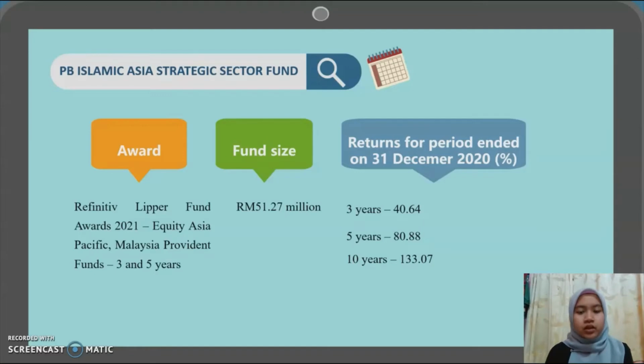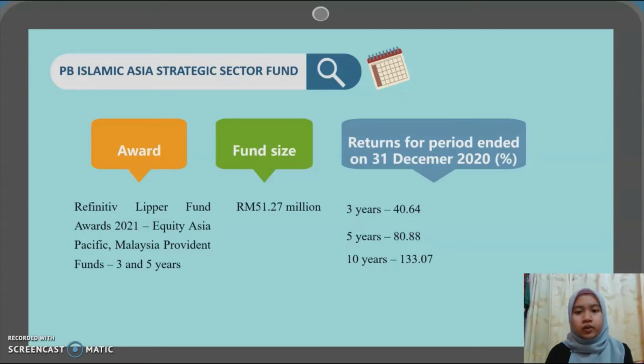Next, as I already mentioned earlier, there are 7 Islamic funds that are in the top position, but we are focused on the Islamic fund that is in the first rank, which is PB Islamic Asia Strategic Sector Fund, and they have received awards from the Lipper Fund Awards 2021 for Equity Asia Pacific Malaysia Provident Funds for 3 and 5 years, and their fund size is 51.27 million ringgit.